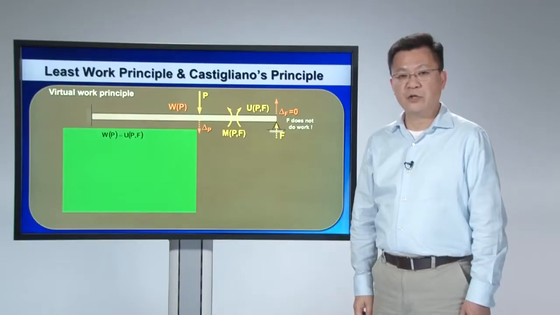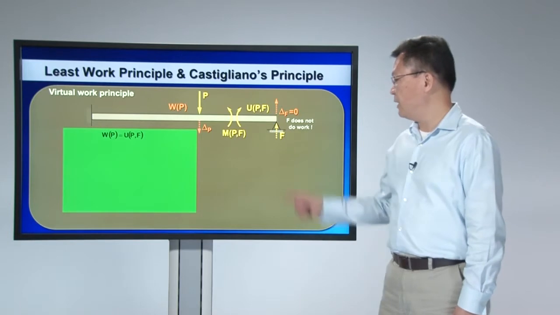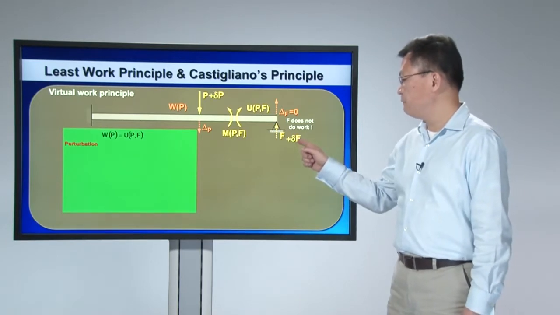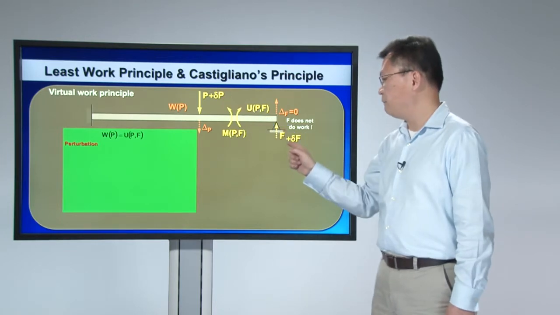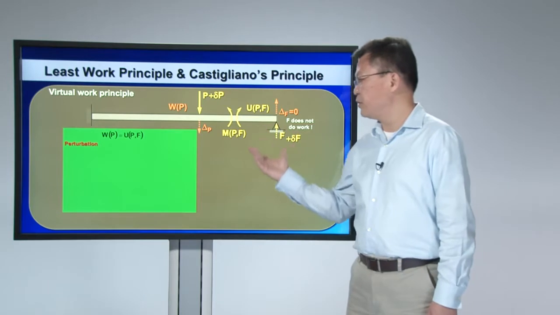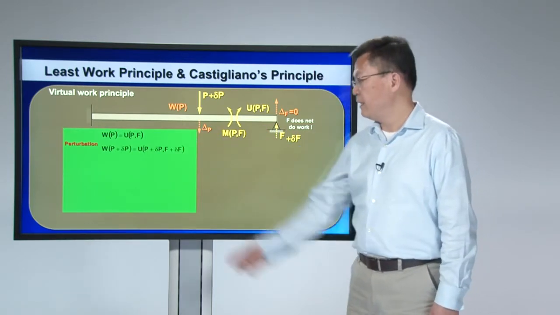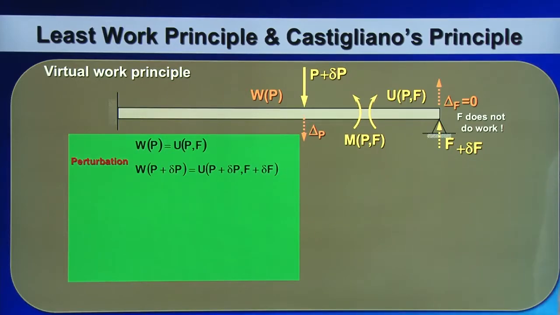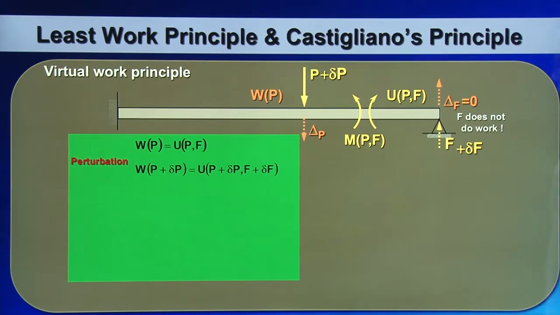Then I can introduce perturbations into this equilibrium structure by introducing delta F and delta P correspondingly at the F and P locations. So substitute this perturbation force into work and energy principles. Then this is the equation. I can do Taylor series expansions and retain up to the first order.